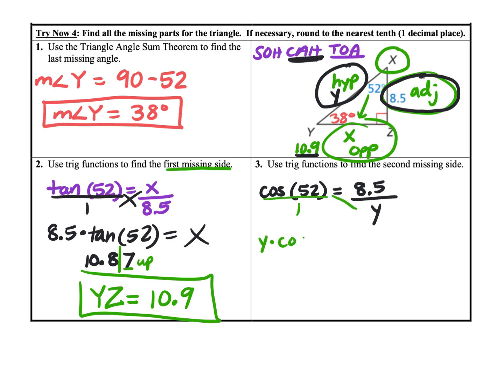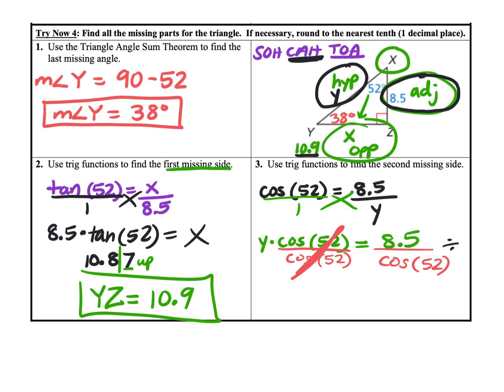Y times the cosine of 52 is equal to 1 times 8.5, which is 8.5. We're not quite done here yet, though. We need to get the Y by itself. So we need to divide out that multiply by cosine 52. That'll cancel it out. And to get our final answer, we just need to grab our calculator, make sure we're in degree mode, and do 8.5 divided by the cosine of 52.